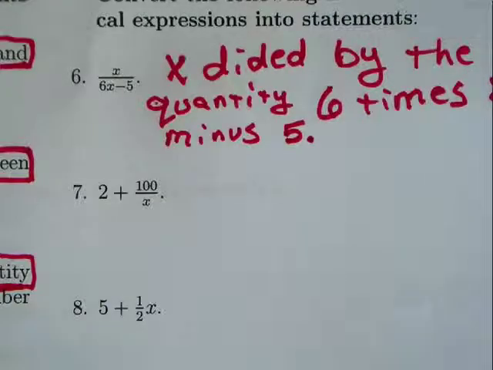Now, that isn't the only way we can do it. If I were to write that a different way, it would still work. Let me find some scratch paper here.